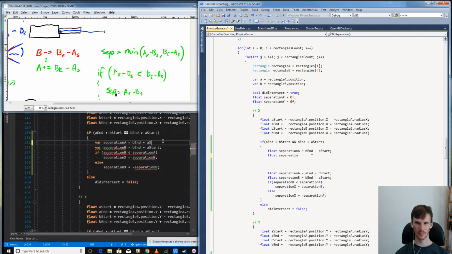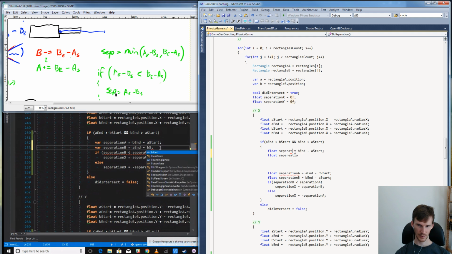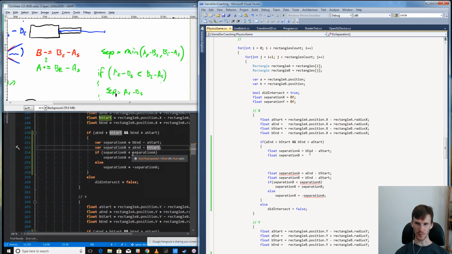Yep, I see that. And then separation B, now this one is just the opposite: A end minus B start. So this is moving the start of B, so it's at the end of A. So all we have to do is pick which of these is smaller.